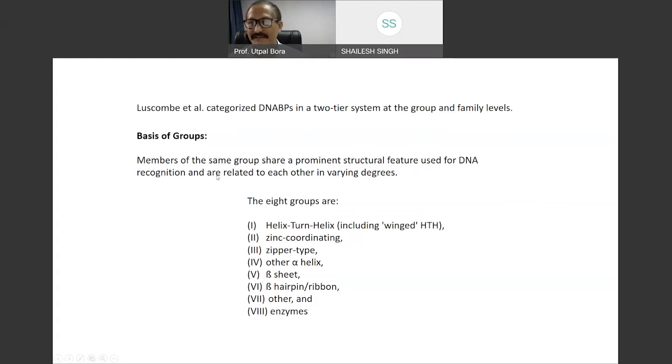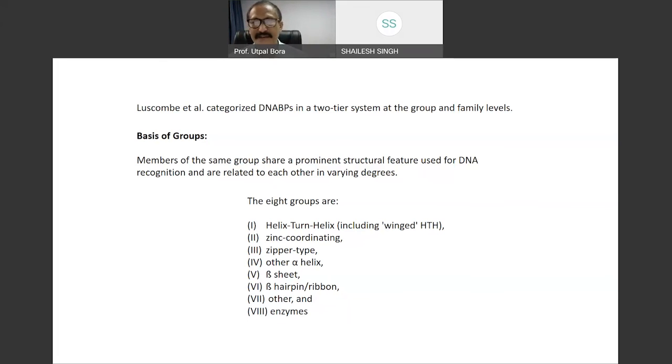for DNA recognition. Okay, so by this time we know how protein recognizes DNA. It may be sequence specific, or it may be shape readout, or it may be base readout, right? And there are many other things, not possible to cover everything in one single lecture, but we know that there are structural features in DNA which are used by the proteins for identifying or recognizing them.